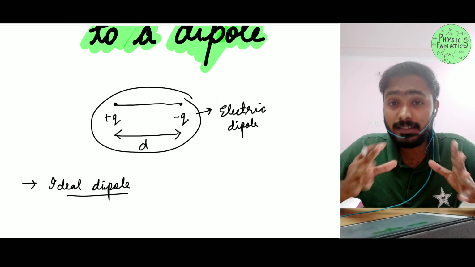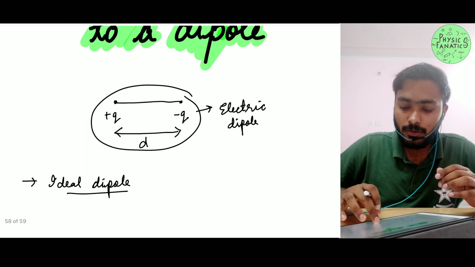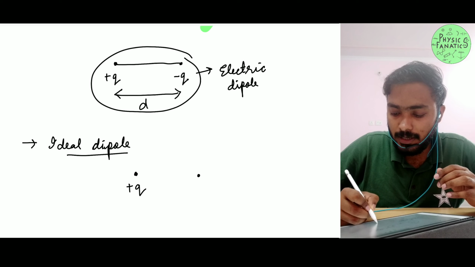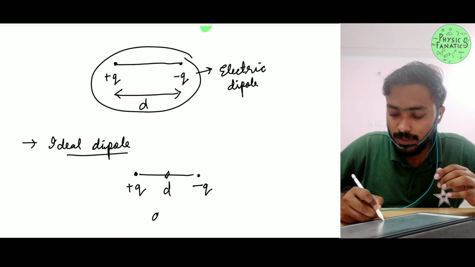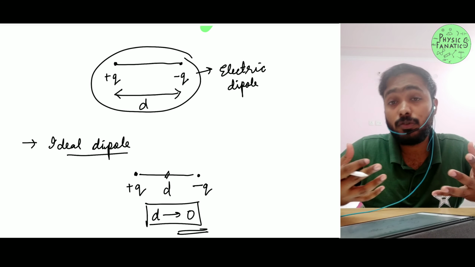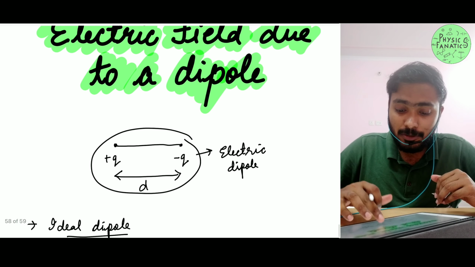Whenever this kind of dipole is there, we call it an ideal dipole. For example, if I have plus q and minus q with some separation, whenever d is tending to zero, that kind of dipole is what you call an ideal dipole.